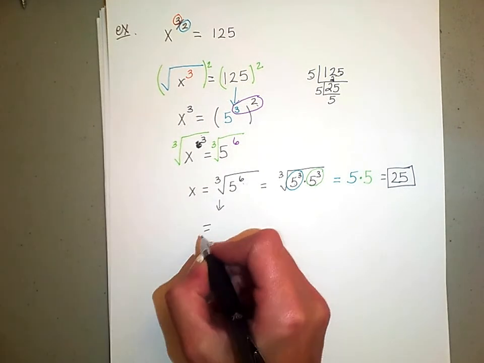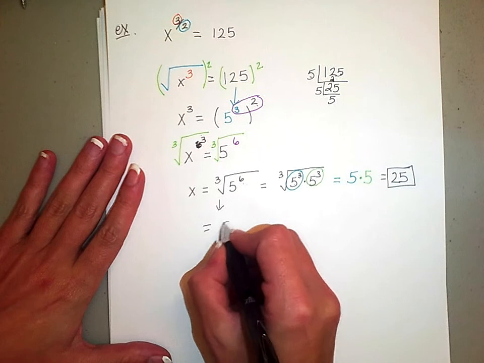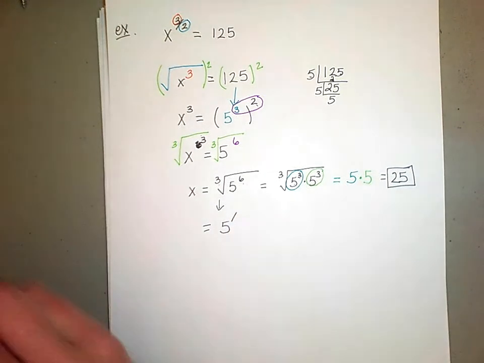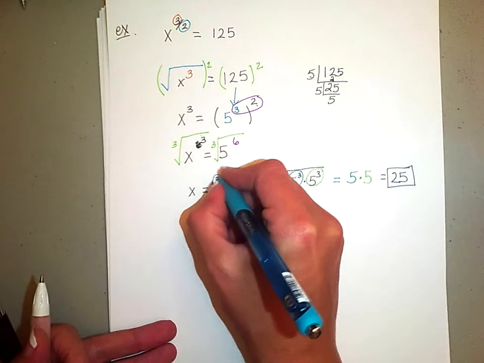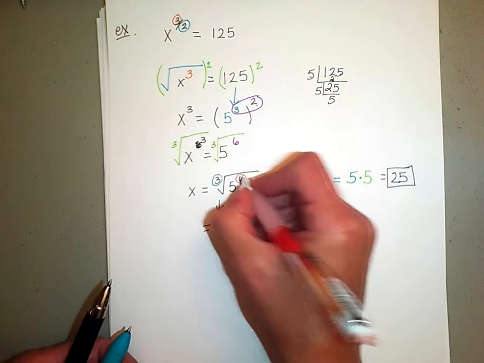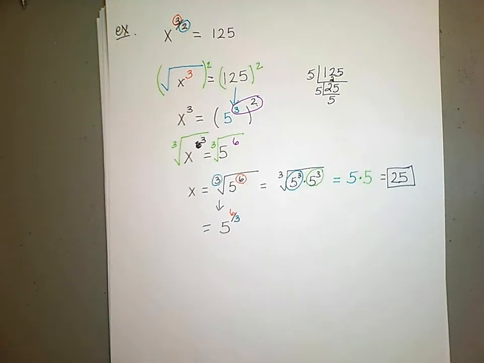We could also see this from here, where we could rewrite this in radical form. So the root here is 3. Okay, so that becomes the denominator. The power is 6.